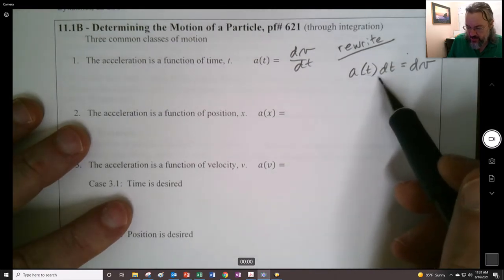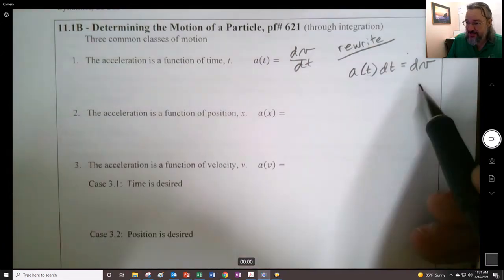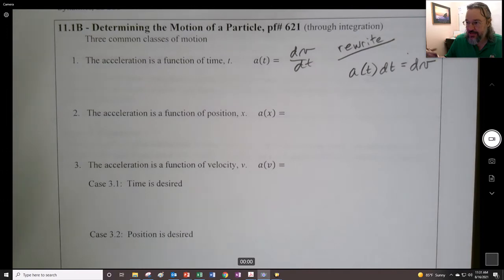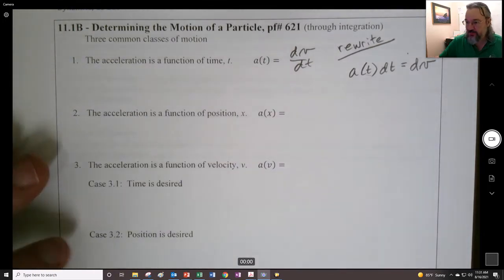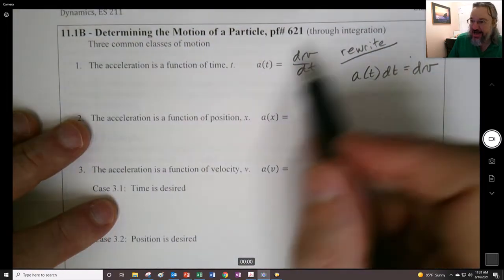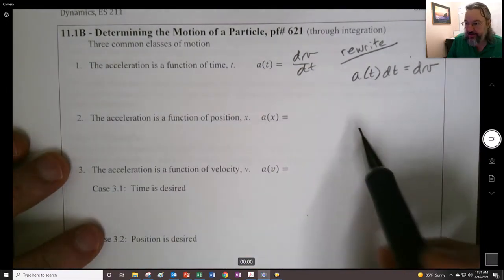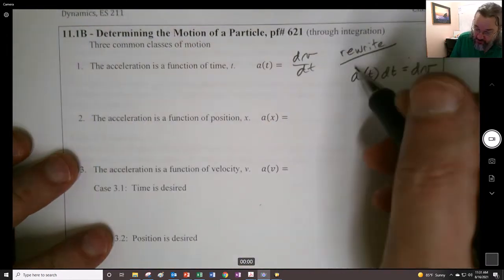We know that at time 0, the velocity is a particular velocity, and then at the time that we care about, it's a particular velocity. We know those things, or maybe that's the thing we want to find out. We want to find out what the final velocity is. This is the big idea that's going on right here. It could be a little more challenging than it might seem at the beginning. But now we just integrate this.